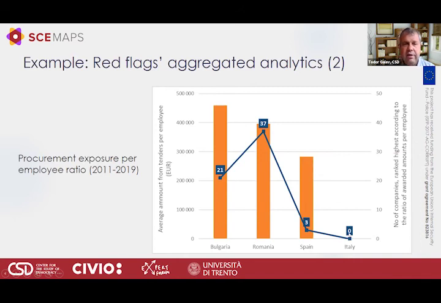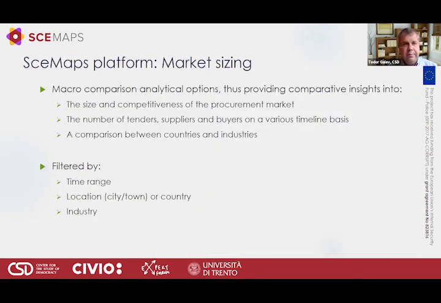This shows that the companies that are red flagged in the other countries are a real sign of a real problem, because otherwise, if it is normal to have companies that won more than about €500,000 per employee, then this would exist also in Italy. But as you can see, there are no such Italian companies.